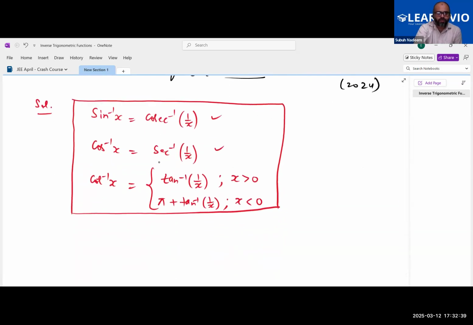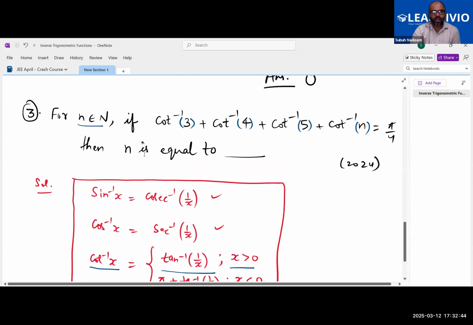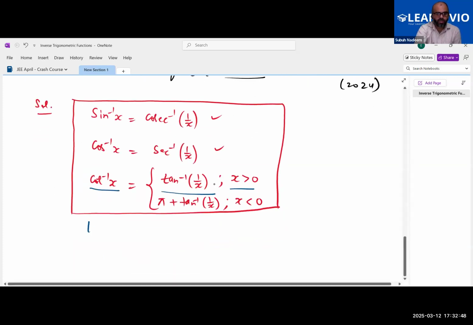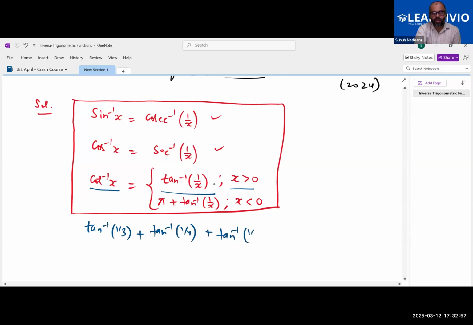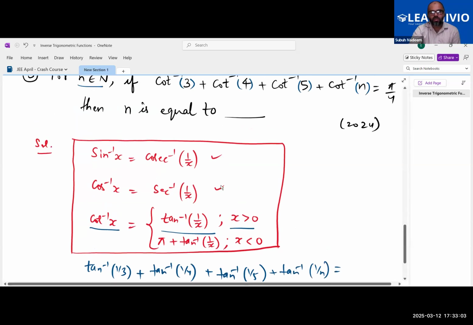So all of these are positive, so we should apply this result for x positive. So we can write this as tan inverse 1 by 3 plus tan inverse 1 by 4 plus tan inverse 1 by 5 plus tan inverse 1 by n is equal to pi by 4.